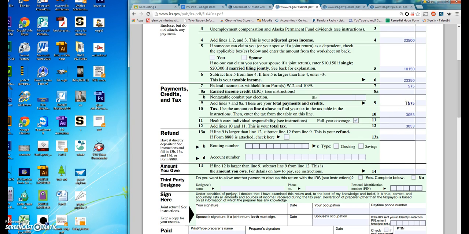Well, 9 is not larger than 12, so bad news for Ima Payne because she is going to have to owe some money. And if line 9 is not, we're going to subtract 9 from 12 and put the amount that we owe in this column. And so I'll do that calculation real quick. 3053 minus 575, and we come out with owing 2478.